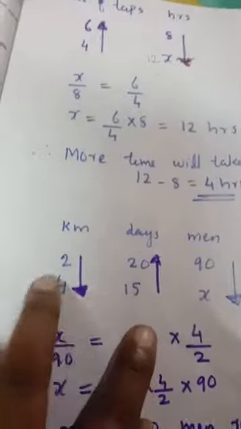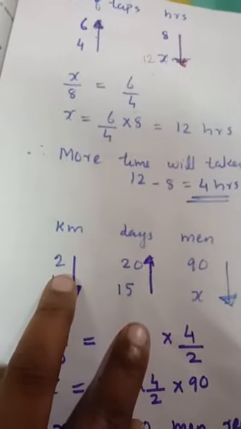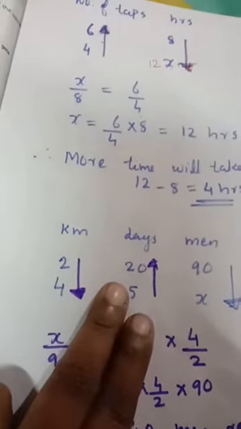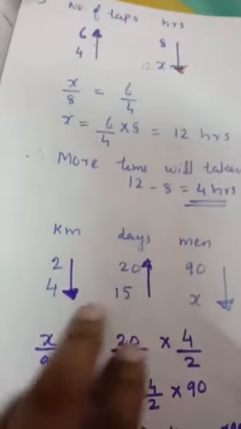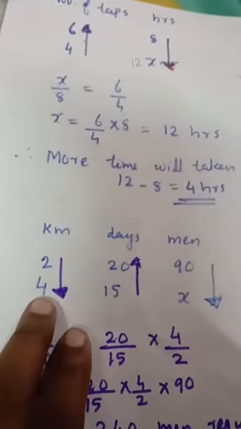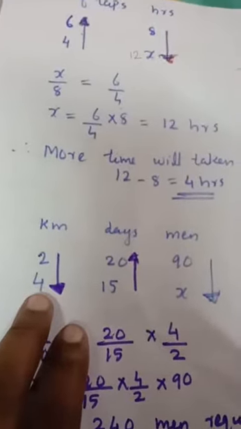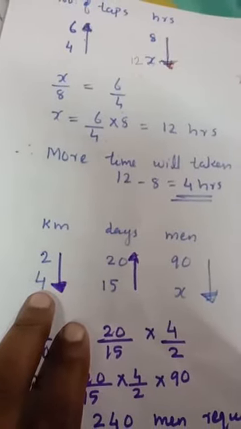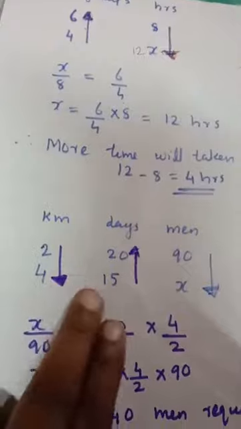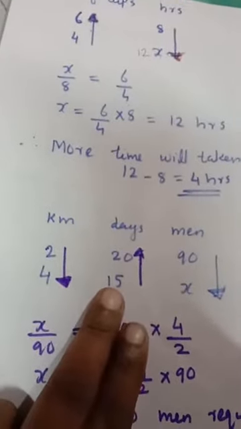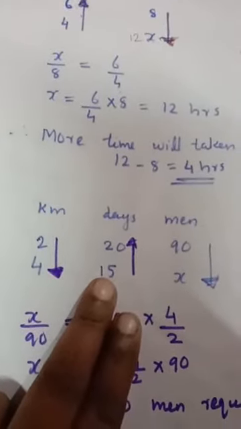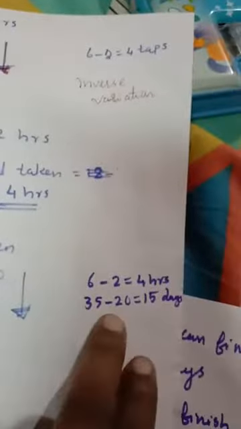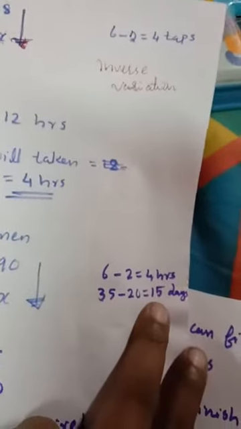That is wrong. 2 kilometers only they completed within 20 days with 90 men. Now they want to complete 4 kilometers. Total 6 is there, of which only 2 they completed. Only 15 days are left because in the total 35 days, 20 days are over. Now 15 days.